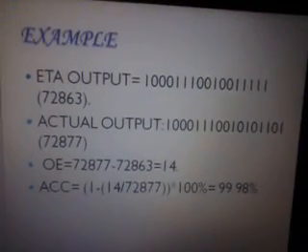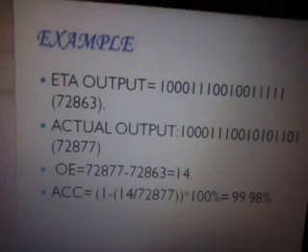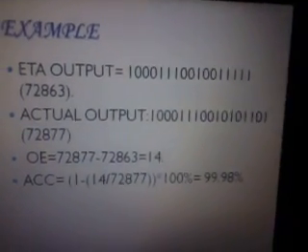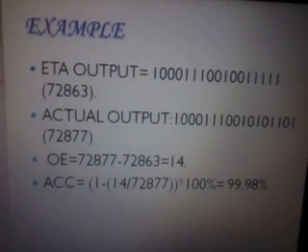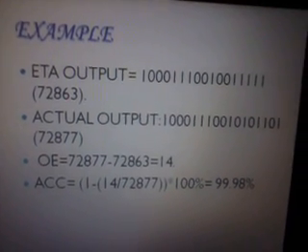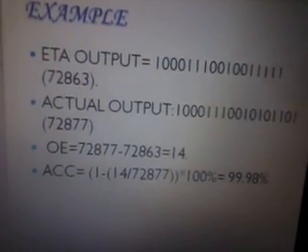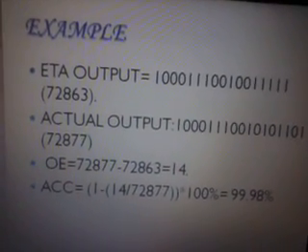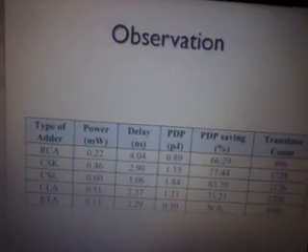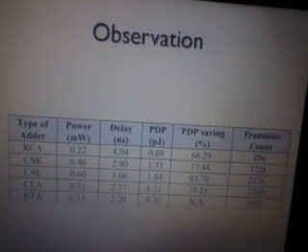An example of the ETA: the ETA output is 72863 and the actual output is 72877. The overall error is 14, so the accuracy is 99.98%. We just lose that 0.02% of accuracy so that we can gain more speed and save power.